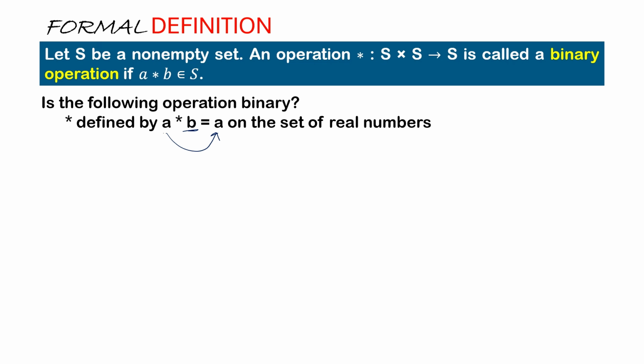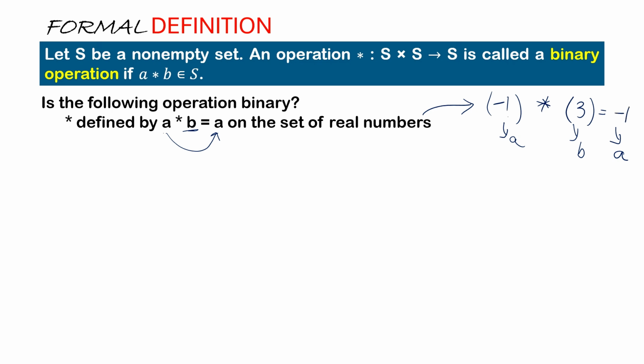For example, if you are talking about two real numbers, say -1 star 3, this is your A, this is your B. The output should be what? From the example, it should be A. A was my -1.